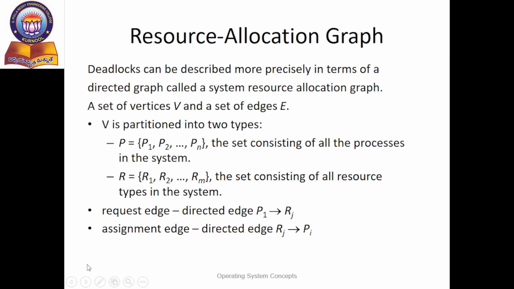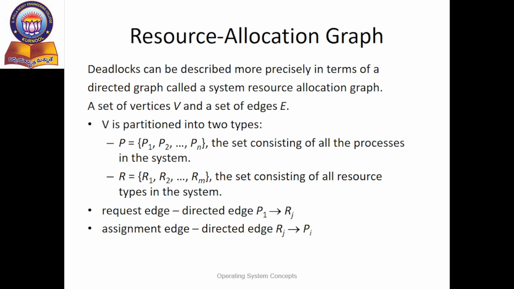Now, in order to understand whether there is a chance of deadlock in the system or not, we'll be having a graph. The name of the graph is resource allocation graph. Let us see what actually this resource allocation graph is. In general we know that a graph is nothing but a set of vertices and edges. So it consists of vertices and edges.